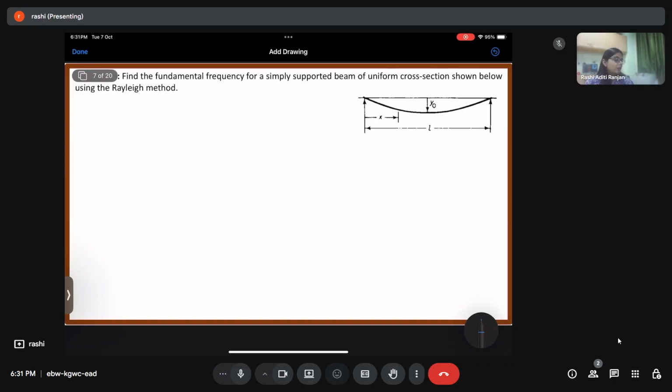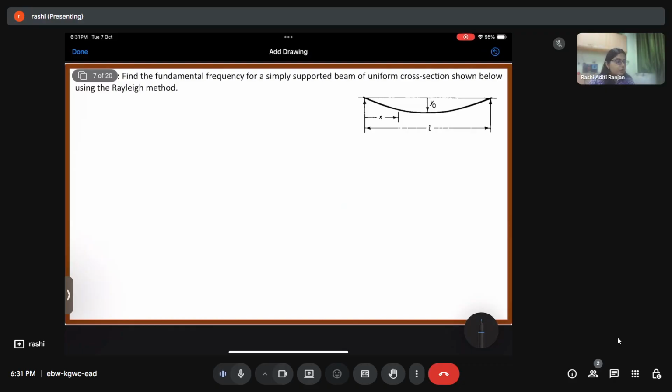Firstly, we need to find the kinetic energy and the potential energy. If we get the kinetic energy and potential energy, we evaluate them over the length, and then we can find the fundamental frequency. So here the potential energy is going to be there because of what? Kinetic energy is still easy.